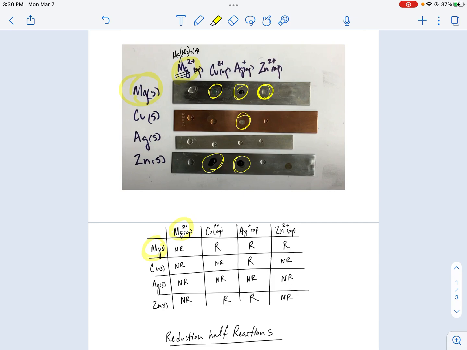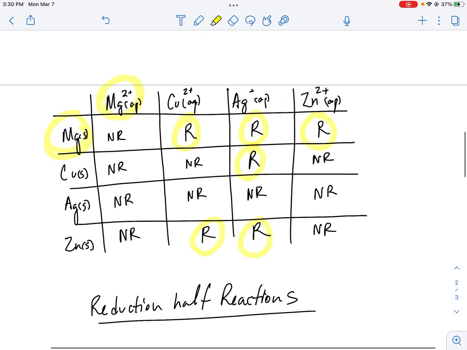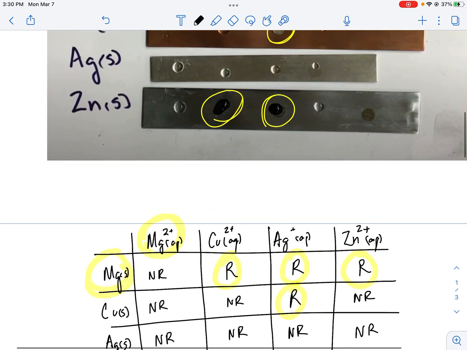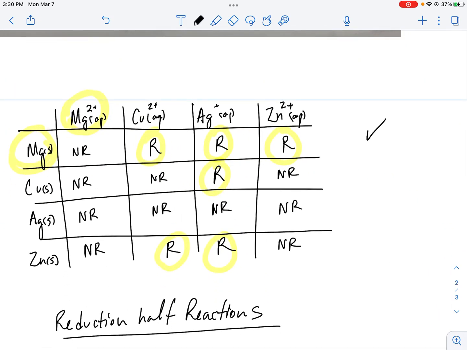I've kept track of my reactions in the table. They look like this. I could fill the table with the non-reactions, just put NR. Sometimes you'll see tables where the reaction is a check mark or an X equals non-reactive.